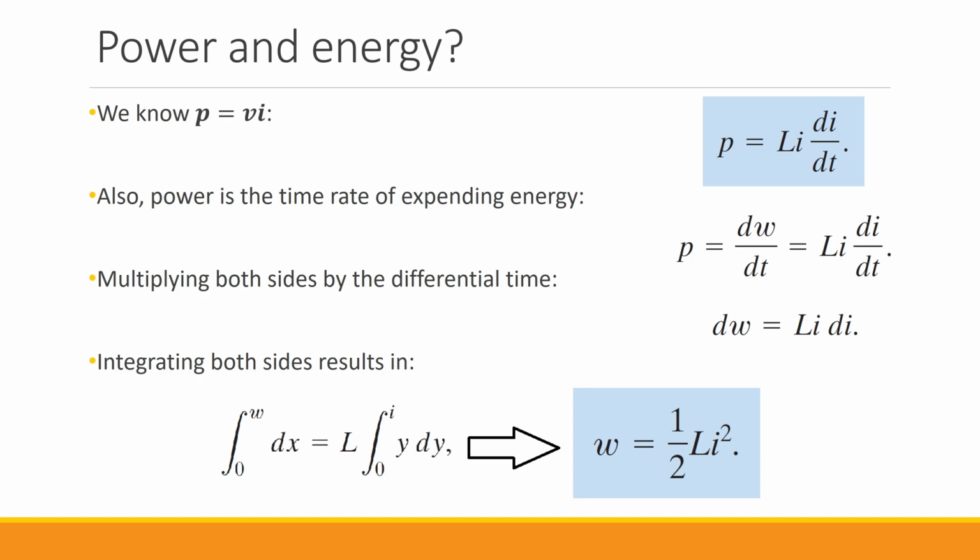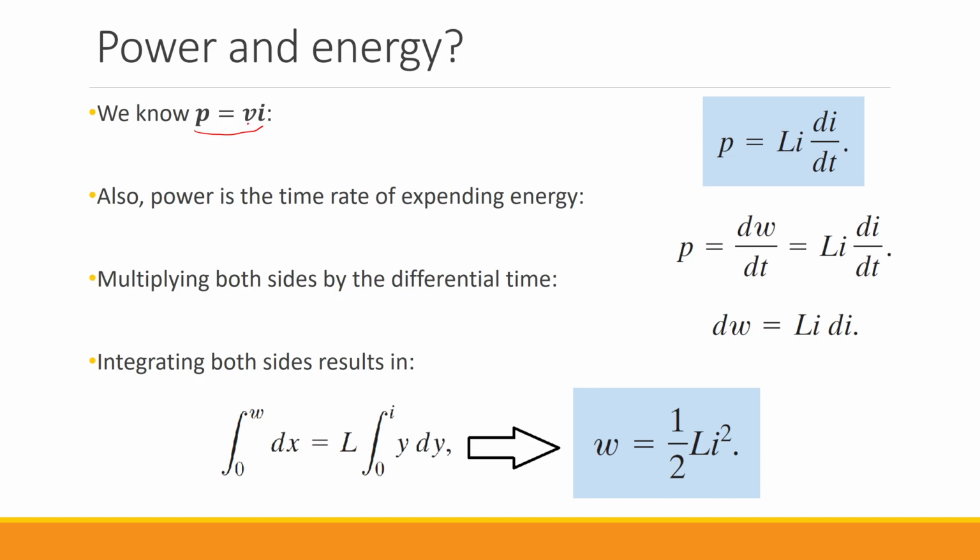So now based on the equations for power and for voltage and current, we can come up with the equations for power and energy of the inductor too. So we know from before that the general equation for calculating the power in any circuit element equals its voltage multiplied by its current.